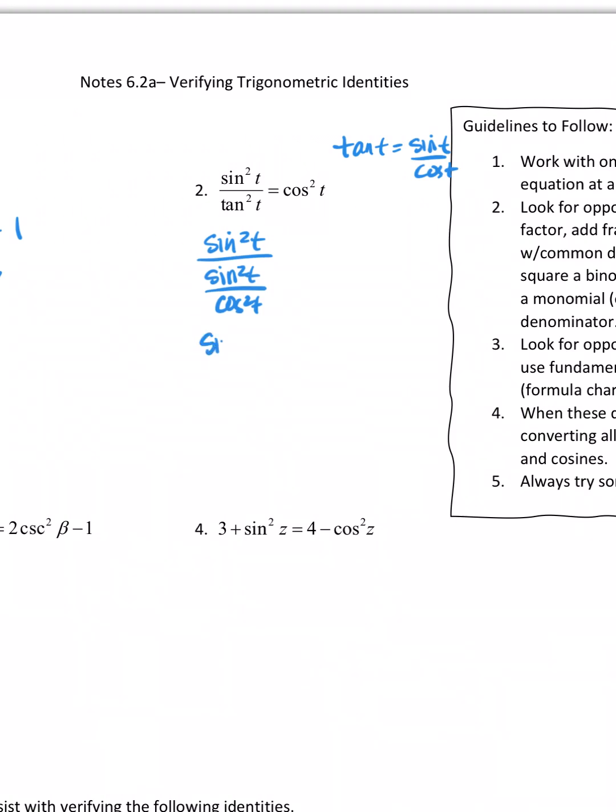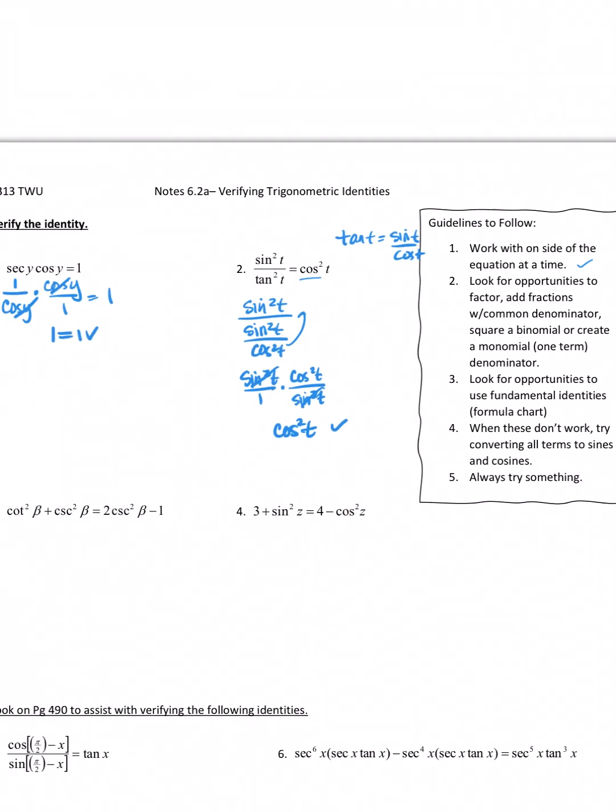So that would be sine squared t over 1 times, when I flip this, it becomes cosine squared t over sine squared t. Then these will cancel out, and I am left with cosine squared t. Check the right side. That's what I wanted, so this is where I stopped. I like verifying better than simplifying because you kind of know where to go and when to stop, right?